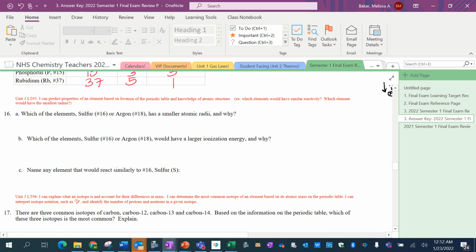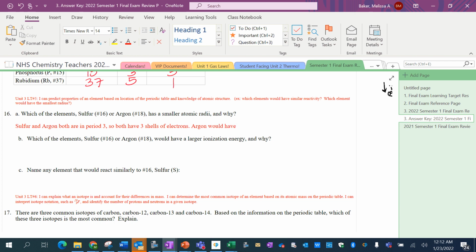Which of the elements, sulfur or argon, has a smaller atomic radii? This one is missed by people quite a bit. Sulfur and argon both are in period 3, so both have 3 shells of electrons.